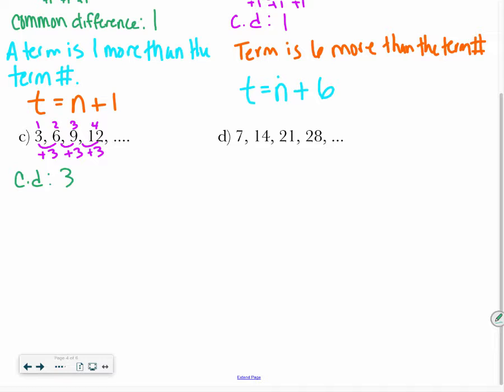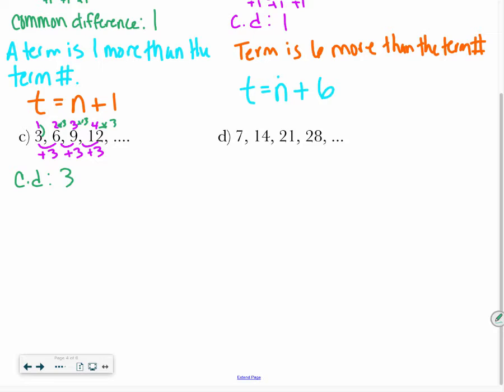So how do I get from one term to the next? Each term is 3 times the term number. If we multiply, 1 times 3 is 3. 2 times 3 is 6. 3 times 3 is 9. 4 times 3 is 12.